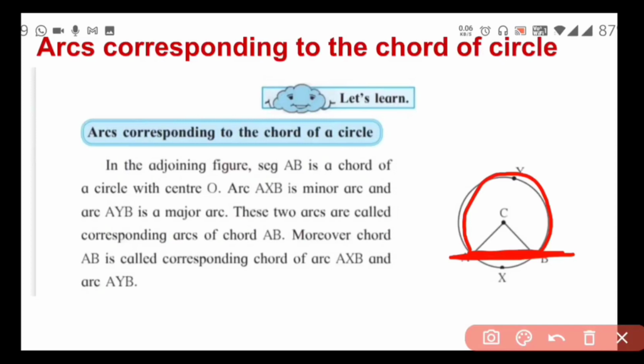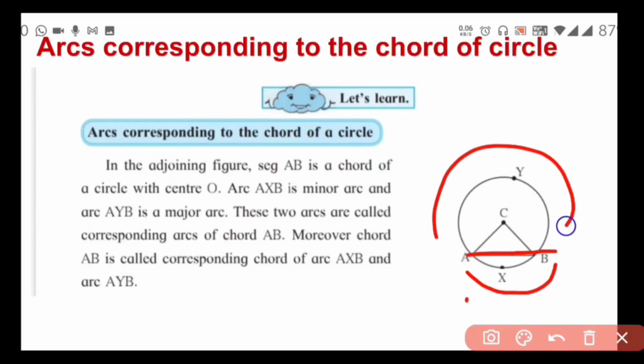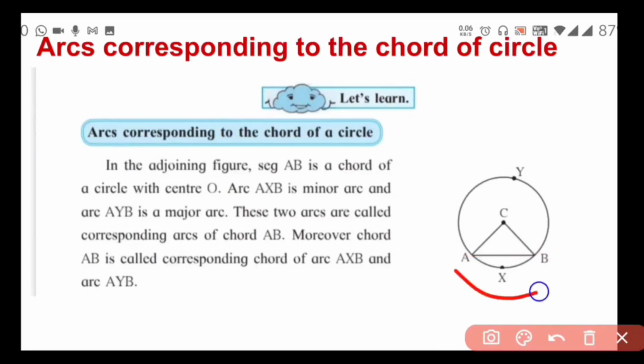So in this way, we should remember about the corresponding chords and corresponding arcs.